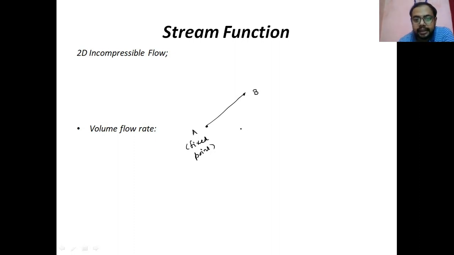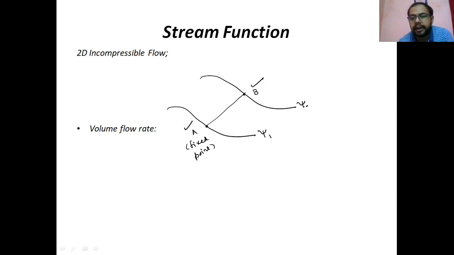If point A and point B lie on different streamlines, say psi 1 and psi 2, there must be some volume flow rate. What would it be?